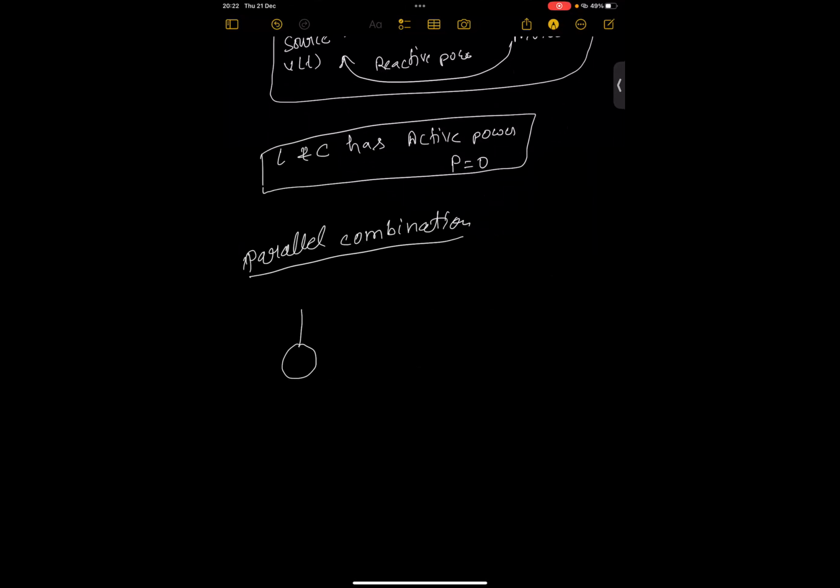There is some impedance Z1 and Z2. Do you understand what is Z1 and what is Z2? What is Z? Do you know anything about Z? Tell me.